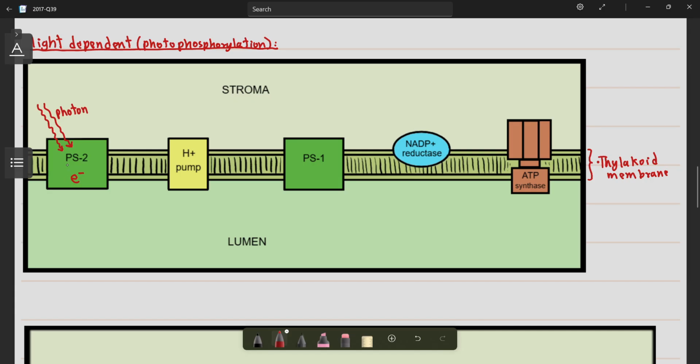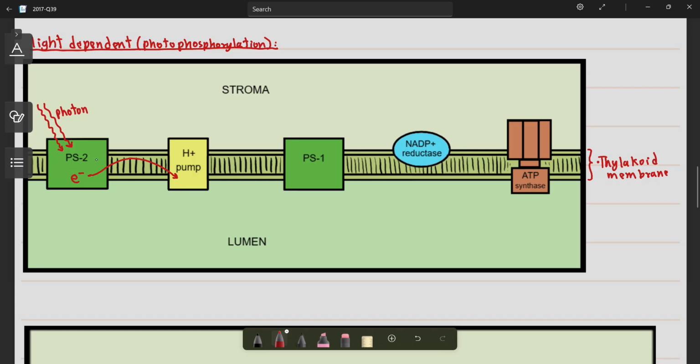Once the electron reaches its high energy state in photosystem 2, the high energy electron moves across a series of proteins found in this thylakoid membrane. There is a series of very small proteins located in the thylakoid membrane.